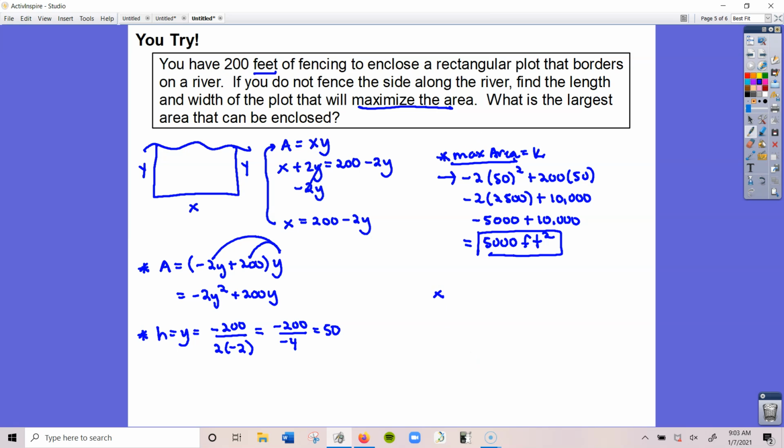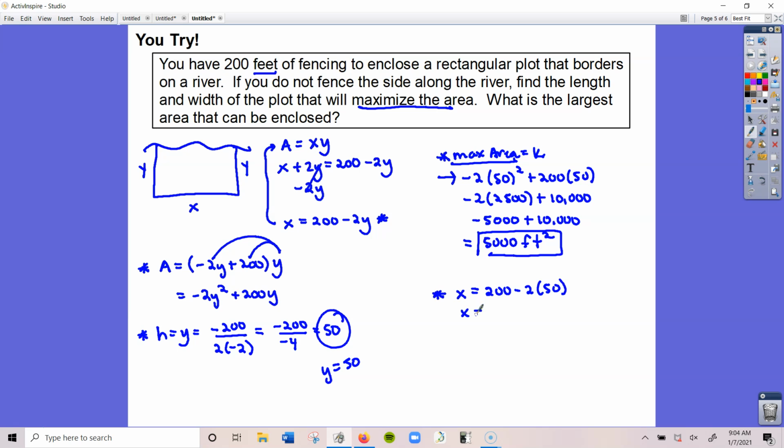Now to finish solving for my dimensions, I already have that y is equal to 50. So now I need to solve for x, which I can use this equation here that's already solved for x. So x is equal to 200 minus 2 times 50.